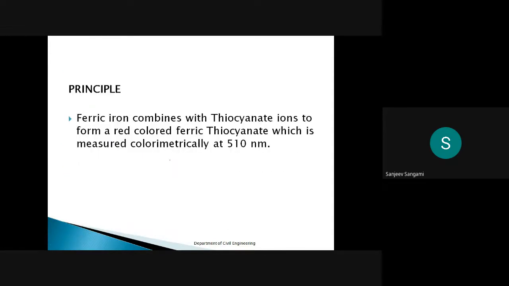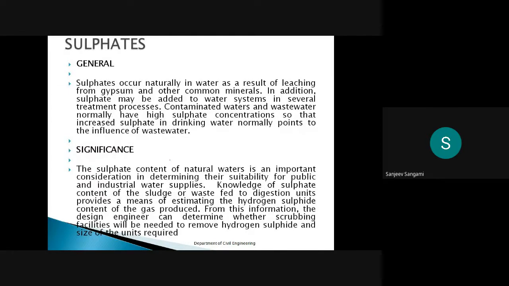What we can say is that sulfate is a very important component. In drinking water, up to 45 milligram per liter is required. And it comes through wastewater only, if that is the source.